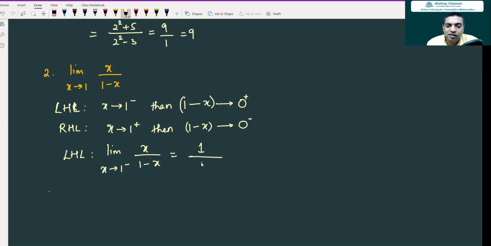But the denominator is approaching 0 with a positive value. So this is something like 0.9999 upon 0.0001, something like this.